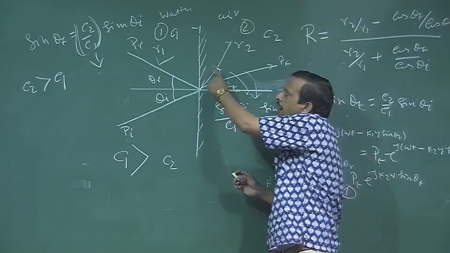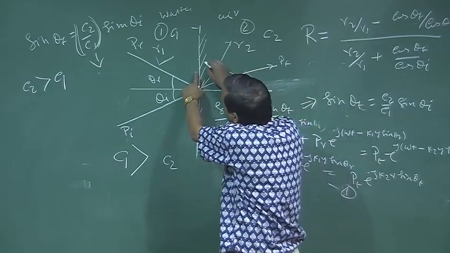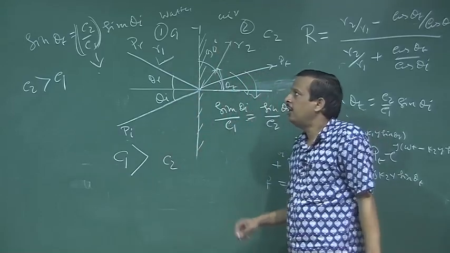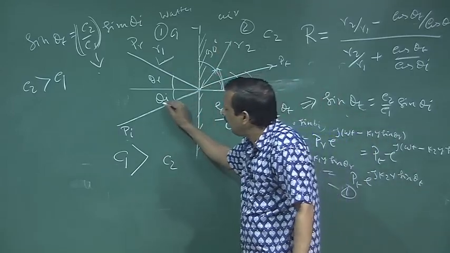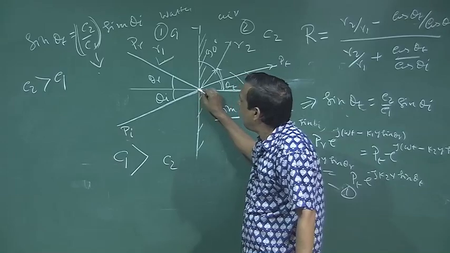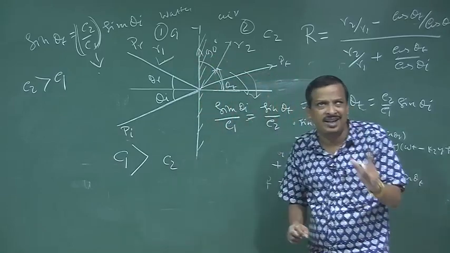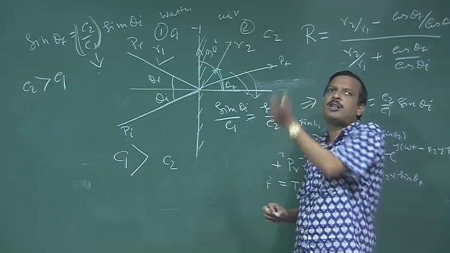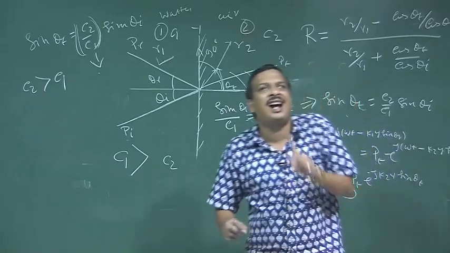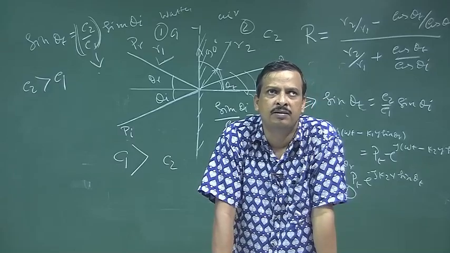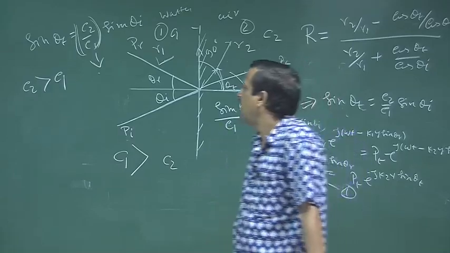If it goes away from the normal, at maximum it can go to 90 degrees. So, if the angle of incidence is such that the angle of transmission is 90 degrees, then that incident angle is called the critical angle.